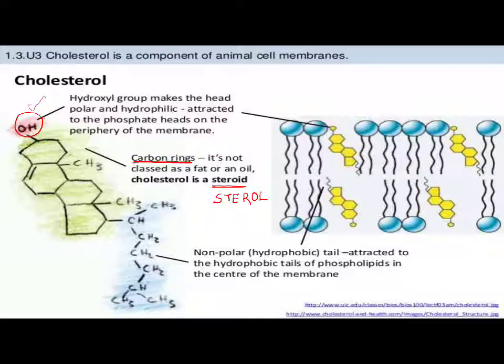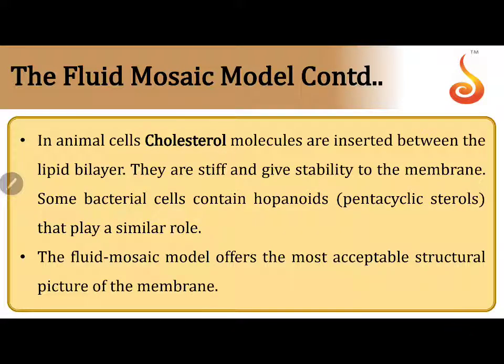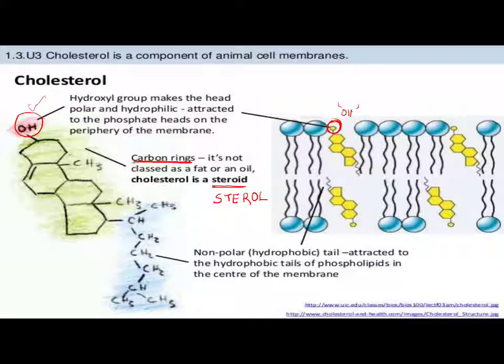You can see here the OH group, which is shaded red in this picture, is this yellow color head in this picture. So this also plays a role in attributing the hydrophilic character towards the outside of the cell or the cytoplasmic end. We can also see I have a hydroxyl group.